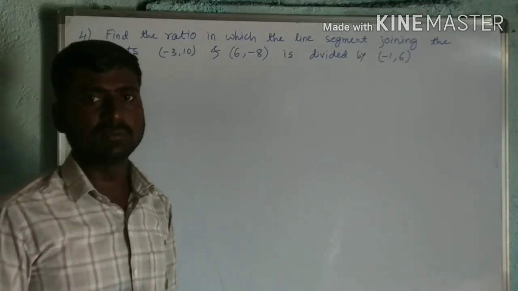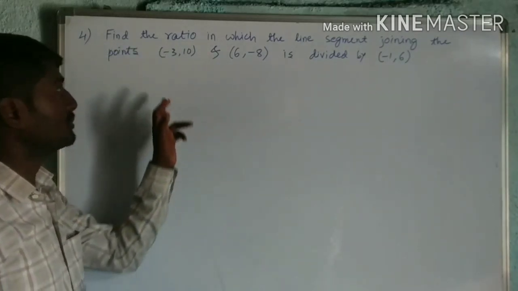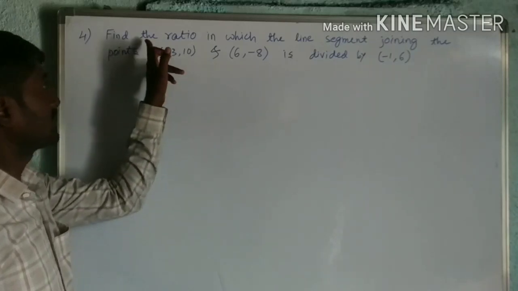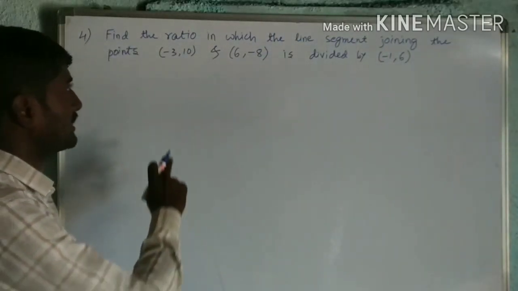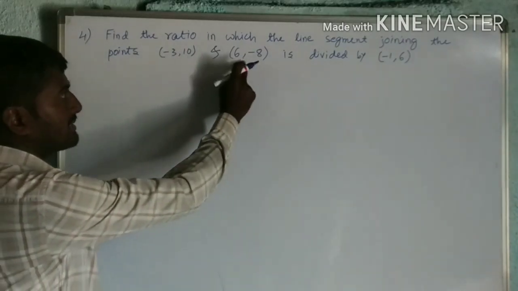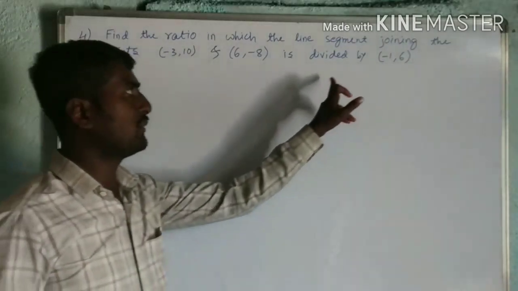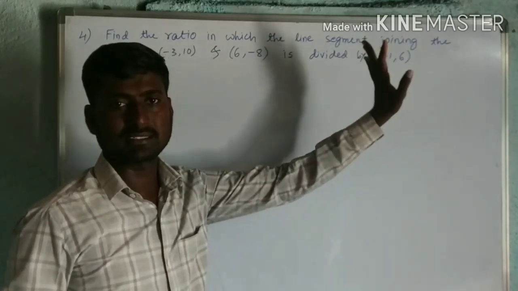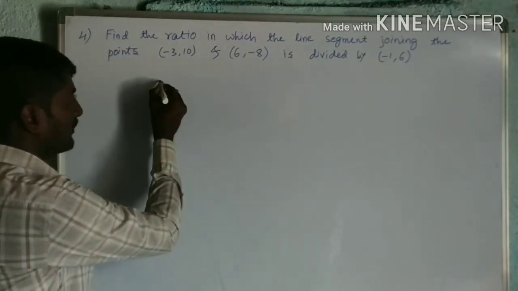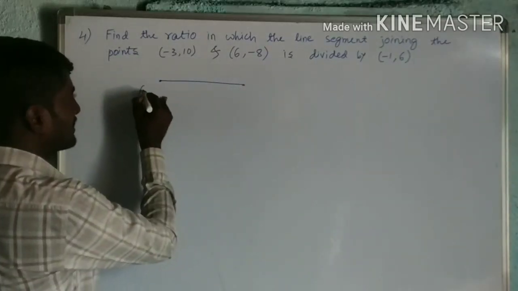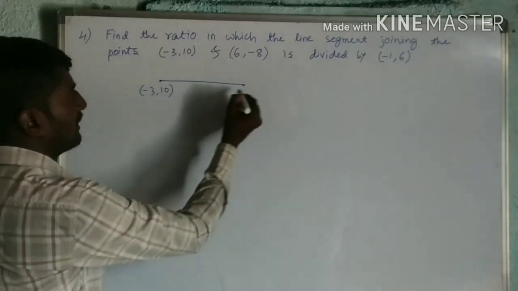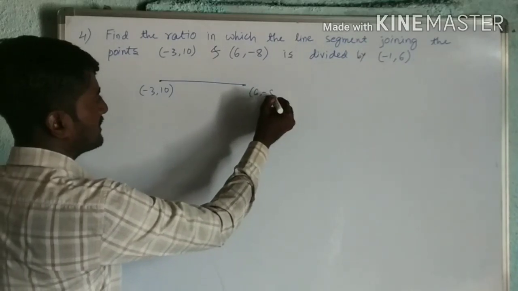Let us move to the fourth question. The question is, find the ratio in which the line segment joining the points minus 3 comma 10 and 6 comma minus 8 is divided by minus 1 comma 6. Somewhat different, this question. They have given the end points of the line segment, minus 3 comma 10 and 6 comma minus 8.